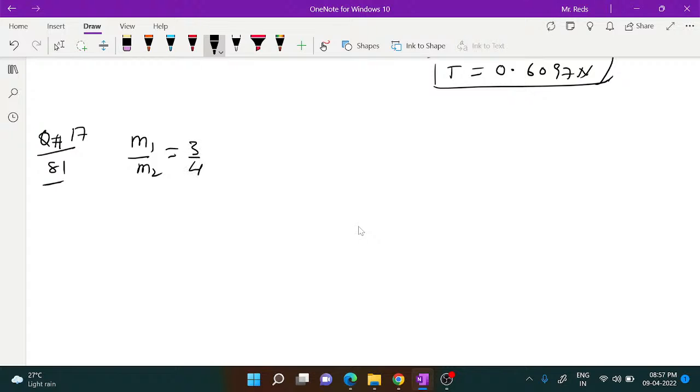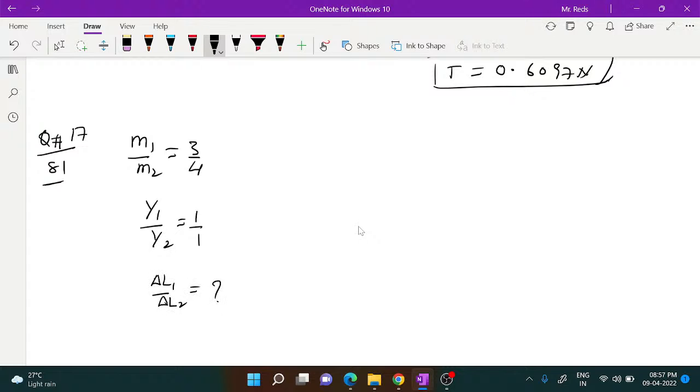Two wires having the same material means you have to understand that Y1 by Y2 is equal to 1 by 1. Having the same material and masses in the ratio 3:4, the ratio of their extensions can be taken as delta L1 by delta L2.